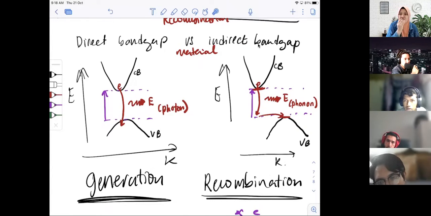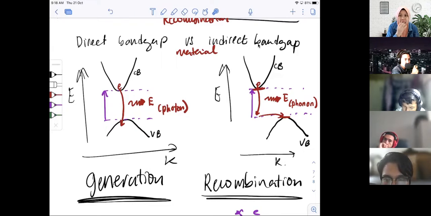Change of momentum. If there is a change in momentum, does it mean the momentum is still conserved or not conserved? Because of the E-k diagram, we have different values of k, so there is no conservation of momentum.